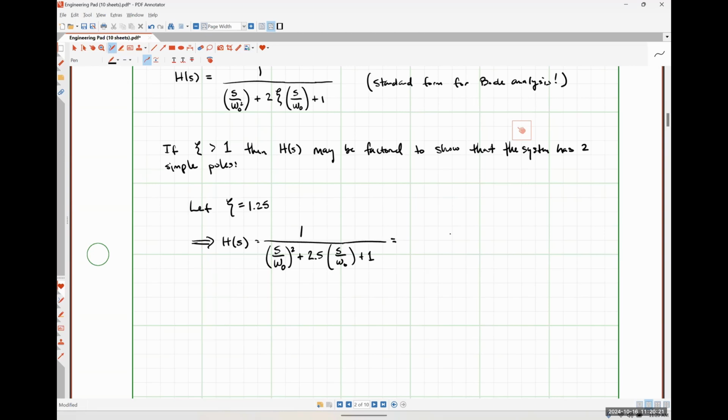And this is the exact same thing as 1 over 1 plus s over twice omega naught, times 1 plus s over half omega naught. Anytime zeta is greater than 1, it will be factorable like this.